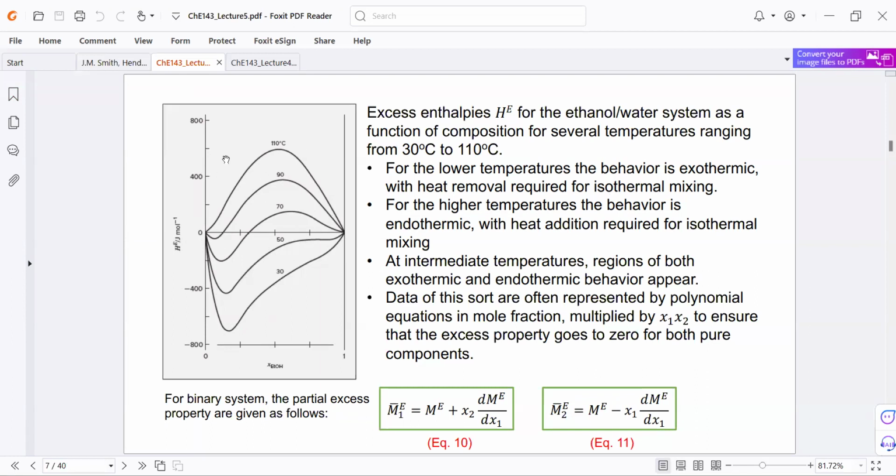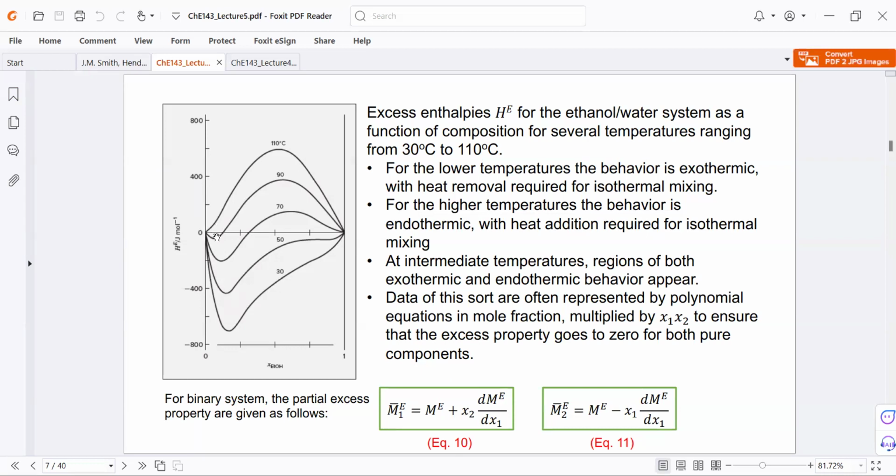But for higher temperatures like 110, the curves lie above the x-axis, which means the values are positive, and it means it's endothermic, and heat addition is required for isothermal mixing. But for intermediate temperatures, they lie both in the exothermic and endothermic regions.